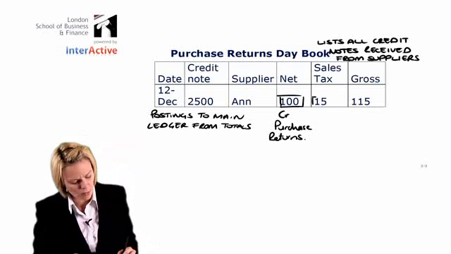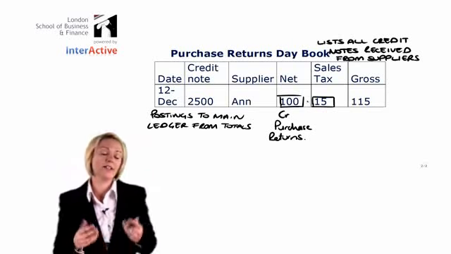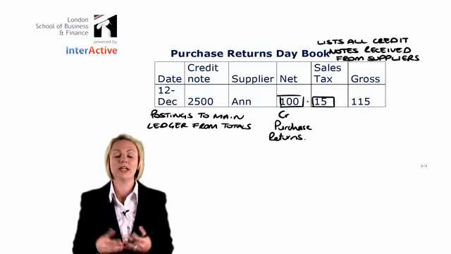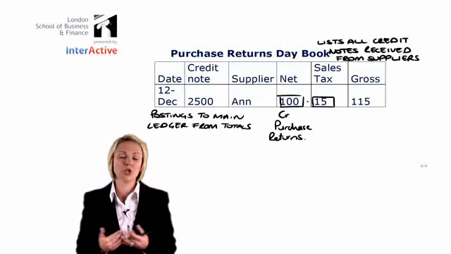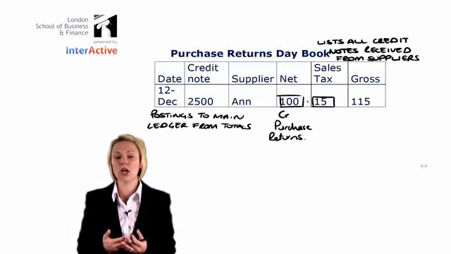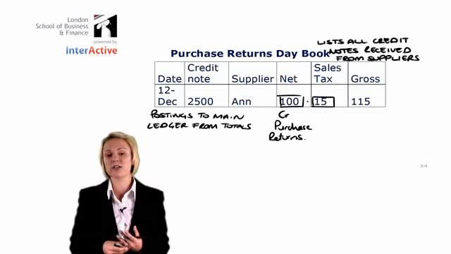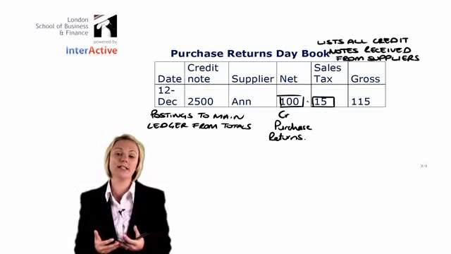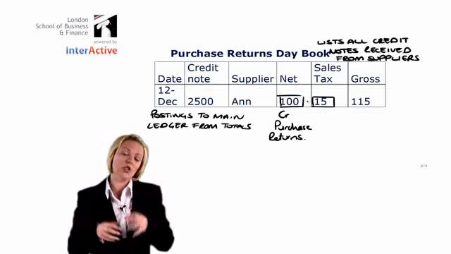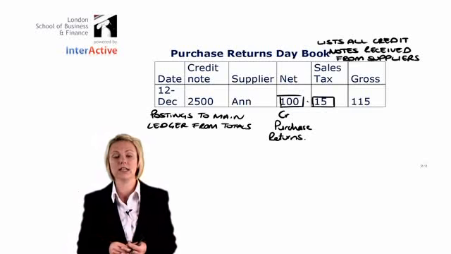Now, when we purchase goods, we are entitled to a refund of the money that we pay to the supplier in terms of the sales tax, and we get that refund from the tax authority. And what we do, when we purchase the goods, is reduce our sales tax liability.